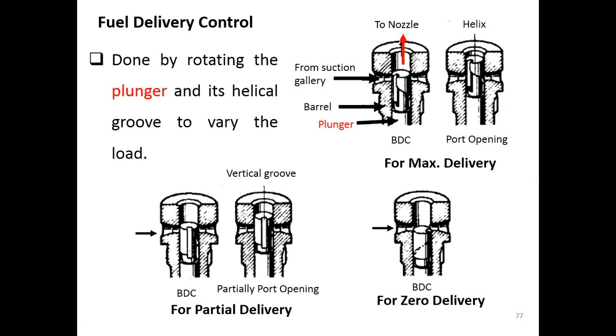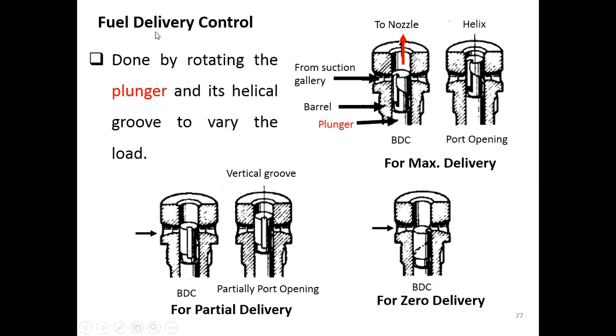The rotational motion of the plunger is used for controlling the amount of fuel delivered. And also the angular groove, which here we call the helical groove, is also a helper to control the fuel delivery.